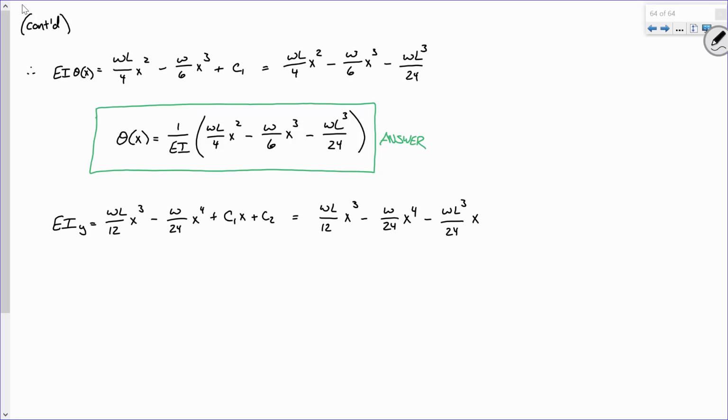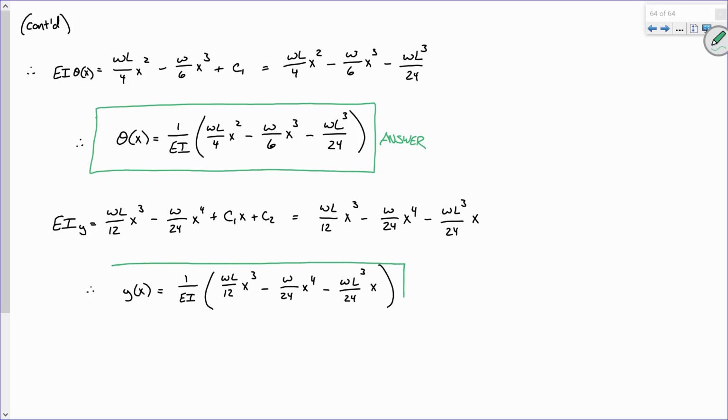So factoring everything out, y of x is, or dividing the EI, 1 over EI times. All right. Does that make sense?